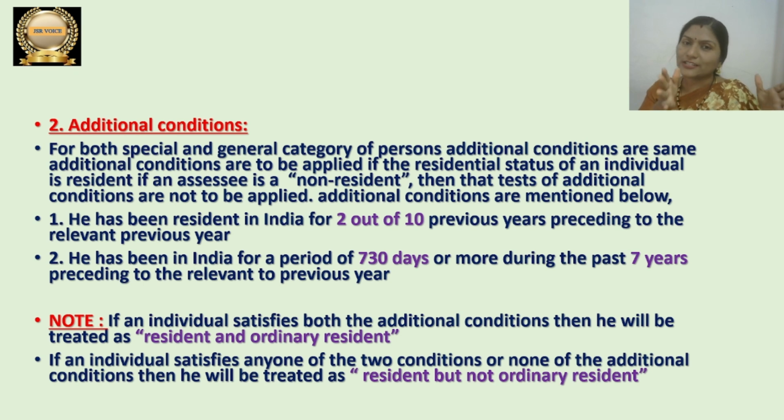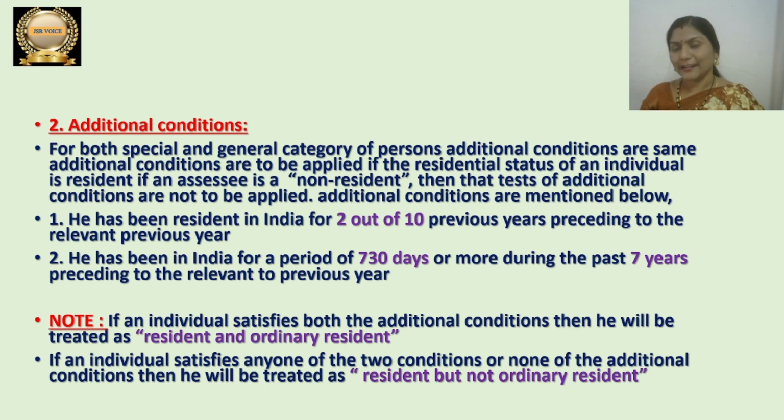He actually stayed the complete 7 years in India only, because he was a citizen of India. Only during the previous year, on 2nd February 2024, he went to Japan. Before that he stayed in India. So he is satisfying the second condition also. Two additional conditions, he is satisfying.